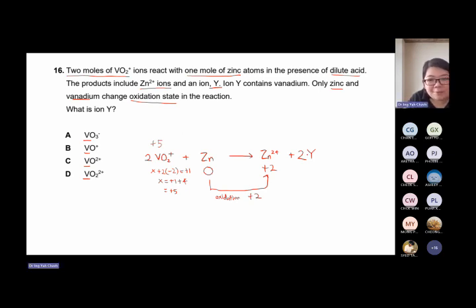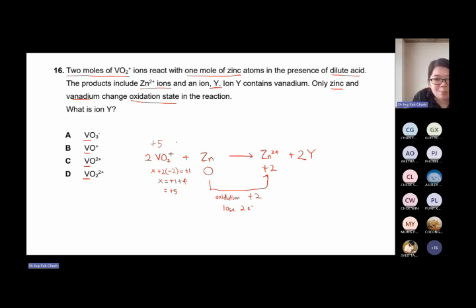Then it becomes Y. Y is a species that I don't know. Okay, but it is okay. Why? I know the change in oxidation number of zinc is +2, increased by 2. Increased by 2 means zinc is actually donating 2 electrons. It loses 2 electrons to form a +2 cation.